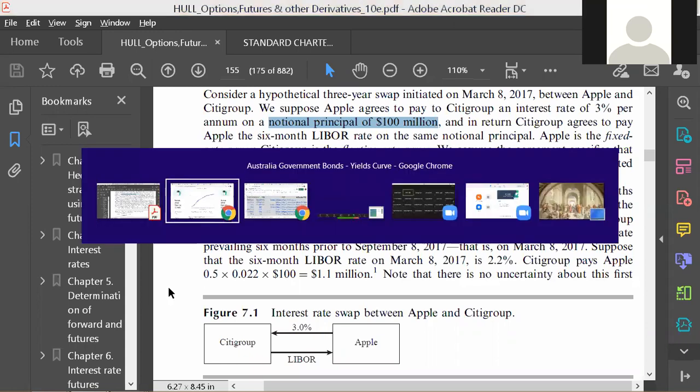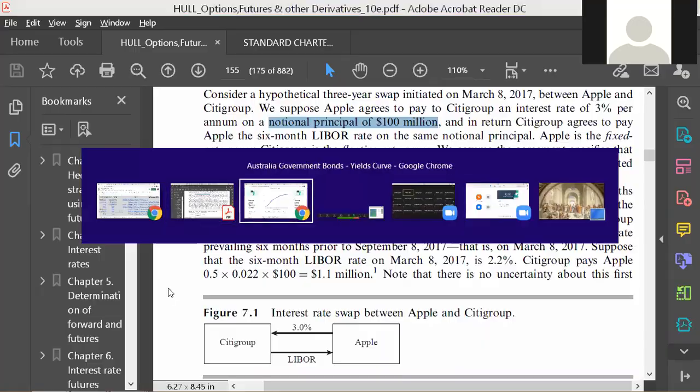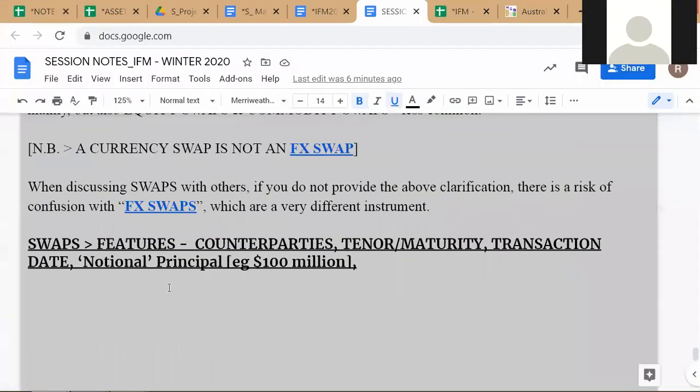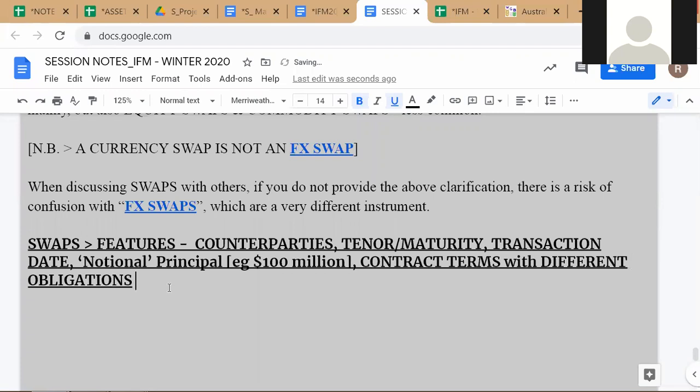The other thing that we notice about swaps as we try to study the structure is that everything has contract terms. Usually contract terms have different obligations.